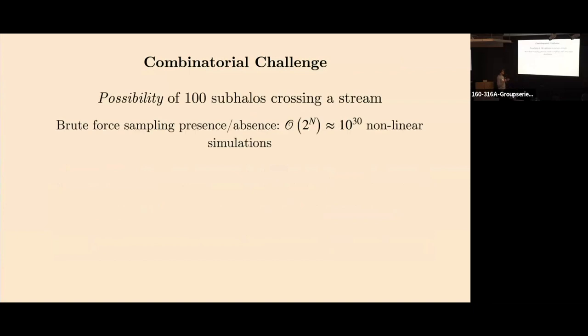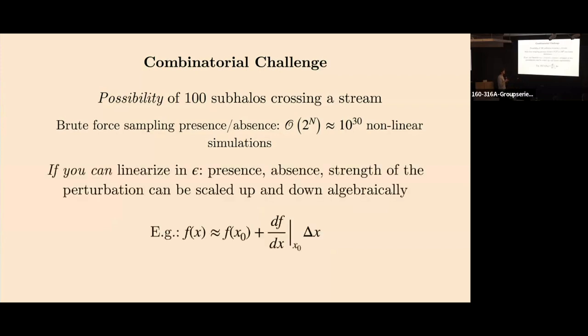And I want to highlight just how difficult this is if you did it brute force. If you had 100 subhalos and you know all of their orbits and you know the orbit of your stream, that's a lot of givens. If you just want to sample all of the presence and absence combinations, you have a ridiculous number of combinations that you would need to sample over. That's a very concerning number.